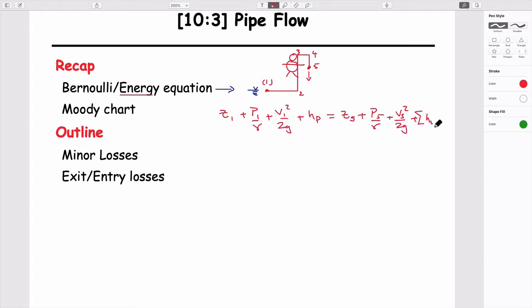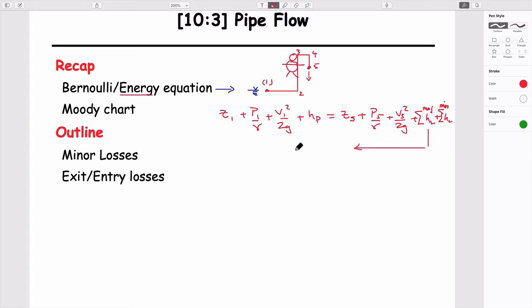Head loss major, and head loss minor. And those are different just depending on the conditions.